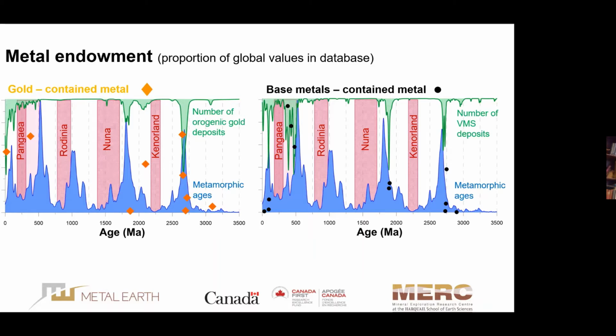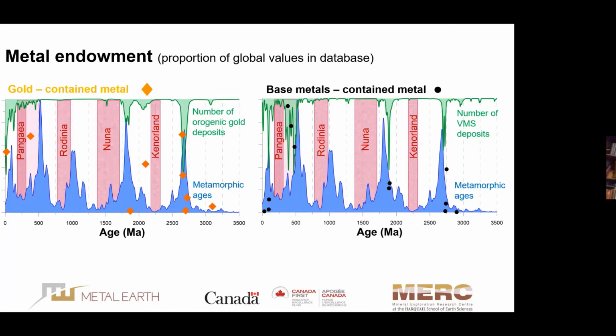So if we just look at the endowment aspect first off, plotting up gold-related deposits on the left and base metal, essentially VMS deposits, on the right, showing the actual contained metal content as best we can derive it from available databases at this moment, relative to supercontinent cyclicity and metamorphic ages, which effectively capture the time periods when the major amalgamation of these blocks occurred.